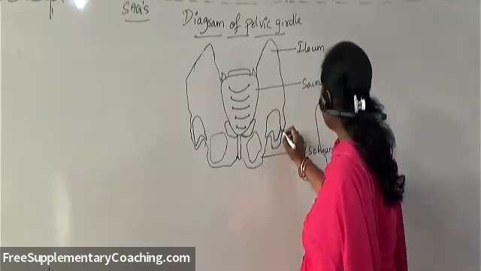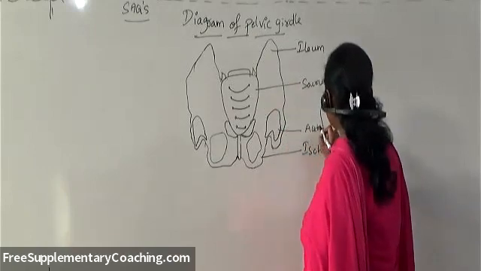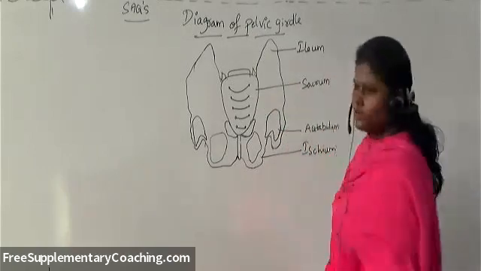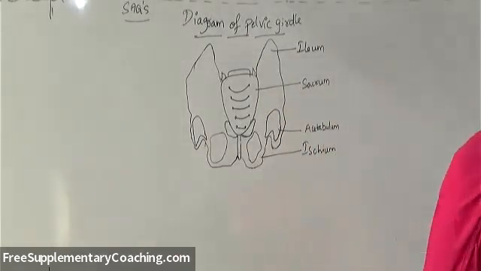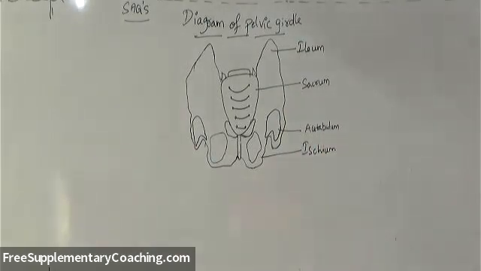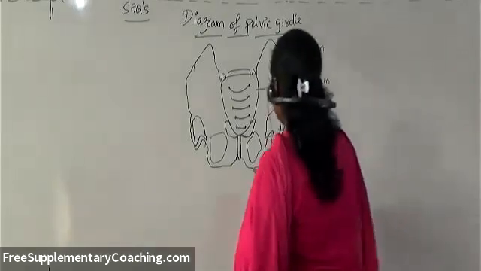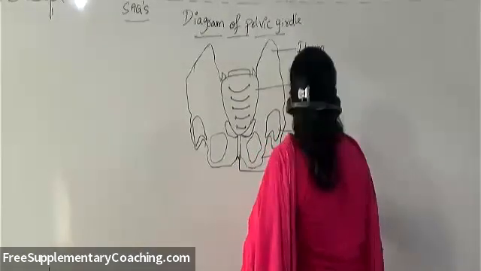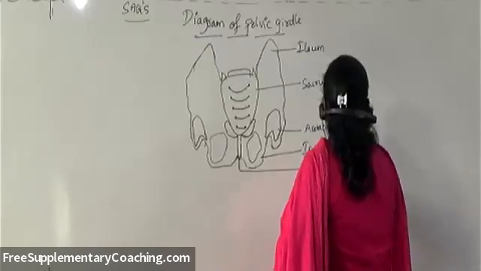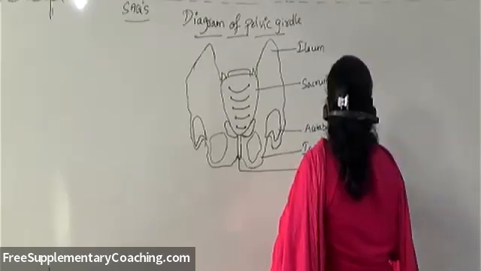Sacrum, and this is acetabulum. So acetabulum is a cavity, and a place where both these coxal bones are meeting together along with the sacrum. So that can be called as what? Pubic symphysis. This is the place where the two coxal bones are meeting together, so that's why this can be called as pubic symphysis.